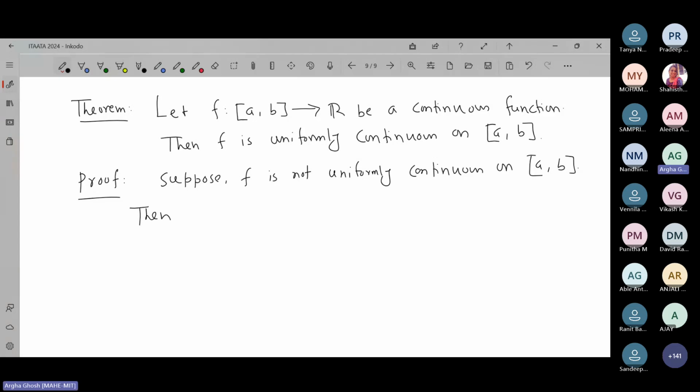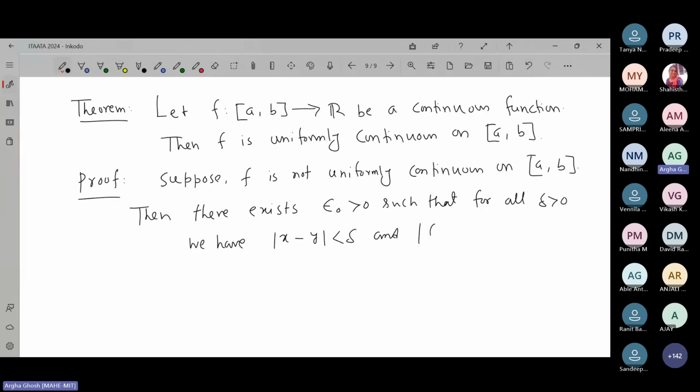Okay. So then there exists, let's say, epsilon naught greater than 0 such that for all delta greater than 0, we have x, y with |x - y| less than delta and |f(x) - f(y)| greater than or equal to epsilon naught.